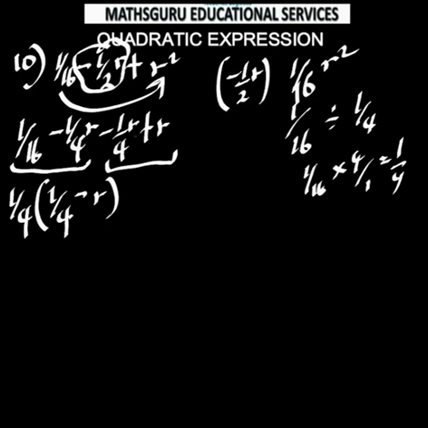Then what is common to this and this? We have a minus, of course. Common to this and this is r. 1 over 4r divided by r is going to be 1 over 4. And r square divided by r, that is positive.